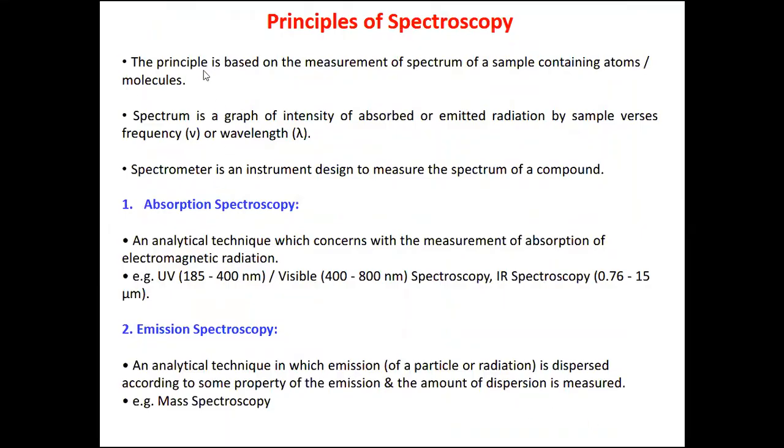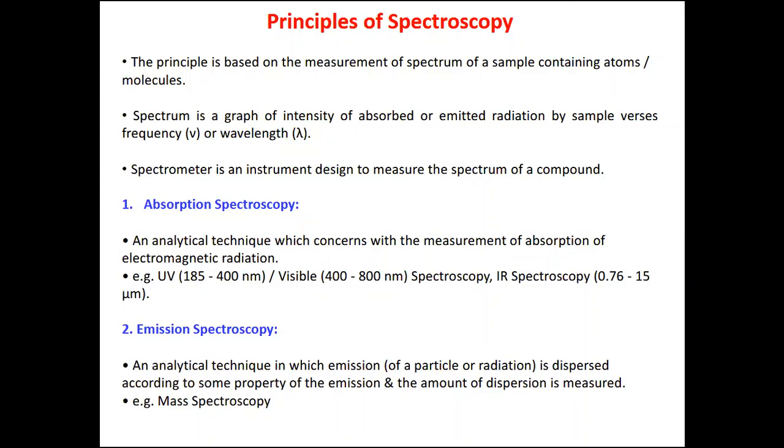So here is the principle on which spectroscopy works. The principle of spectroscopy is very simple. It is based on the measurement of a spectrum of a sample consisting of atoms or molecules present in our chemical compound.